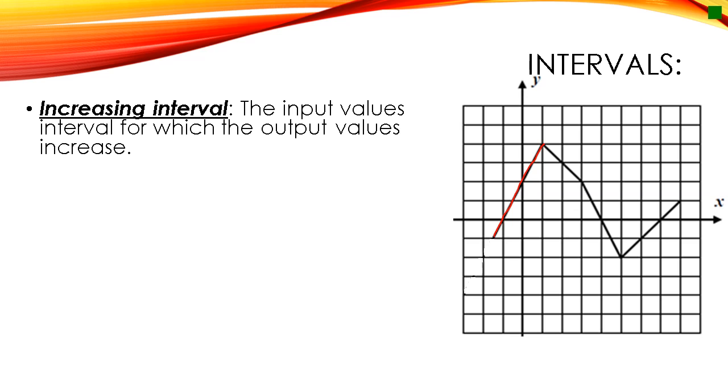On the second part of the graph, as we continue with the x values to increase, the y values are going down. And on the last part, as we continue with the x values to increase, the y values are going back up again. So on this graph, I can identify two increasing intervals.